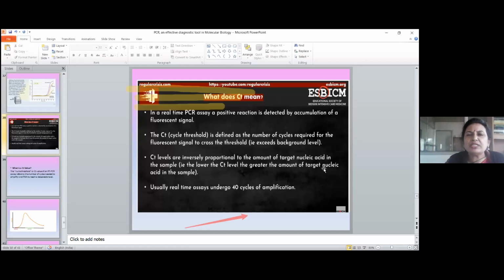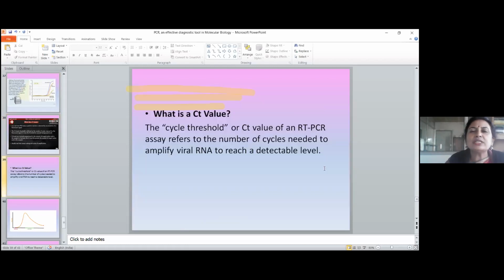Now, in RT-PCR, there is some value which is written. Actually, COVID positive or COVID negative is sufficient to get the patient treated or isolated. But there is one value there which is called the CT value. What is a CT value? C and T stand for cycle threshold.